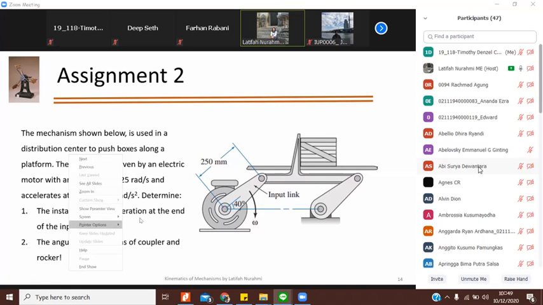The input link is driven by an electric motor with angular velocity 25 radian per second, and it accelerates at a rate of 500 radian per second square. Find number 1, the instantaneous acceleration at the end of the input link.